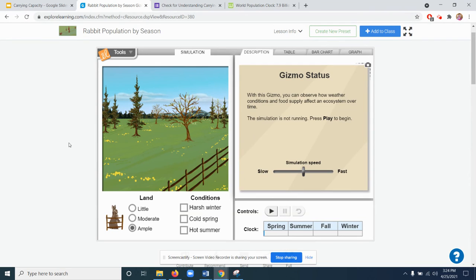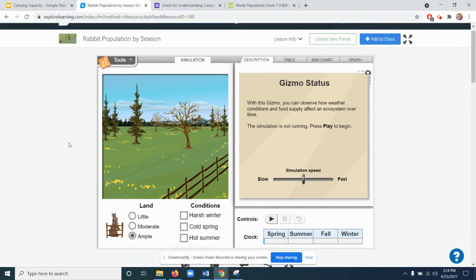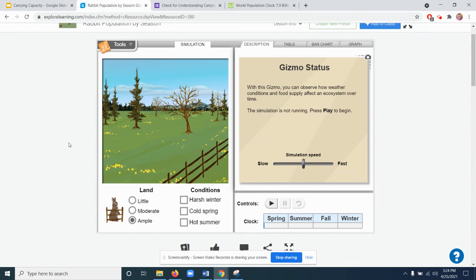So right here we have a Gizmo, population of rabbits by season, and you're going to manipulate this to see what influence the amount of land and the conditions have on a population of rabbits. And we're going to practice using this in class, okay?